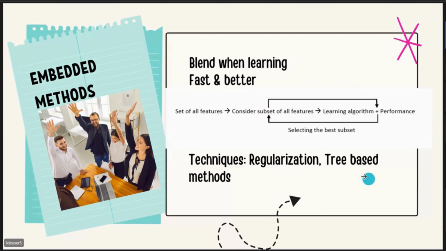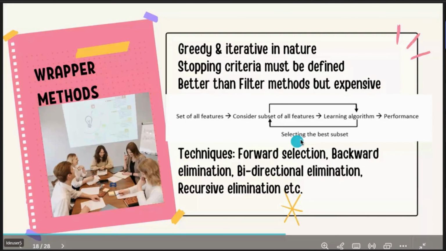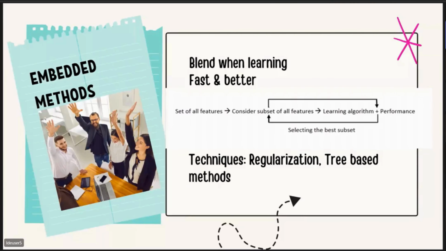So if you look at the process, it's almost similar to what is being done in a wrapper method. From this list of all features, you select certain sub features, apply the algorithm and check the performance, right? Previously, you only apply the algorithm and keep applying it for all the subsets. Finally you compare the performance and take what is best. இங்க வந்து ஃபைனலா வெயிட் பண்ணி கம்பேர் பண்ண போறதுல்ல, அப்பப்ப உடனே உடனே, ஓகே இந்த காலம் 1, 5, 10 எடுத்திருக்கேன் அப்படின்னா இதை வச்சு நான் மாடல்ல ரன் பண்ணா எனக்கு என்ன ரிசல்ட் வருது.